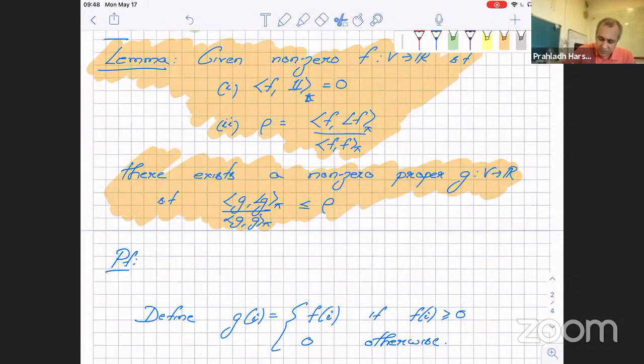So let us assume, without loss of generality, that pi of the set of all i such that f(i) is greater than or equal to 0 is less than half.